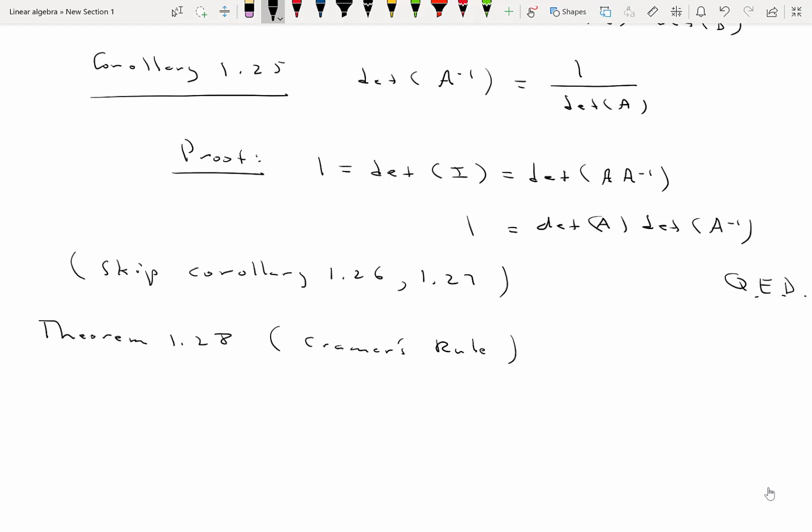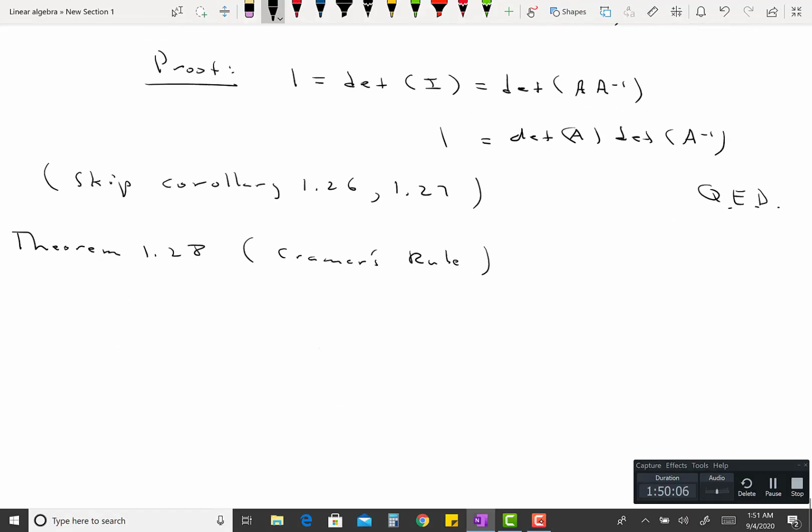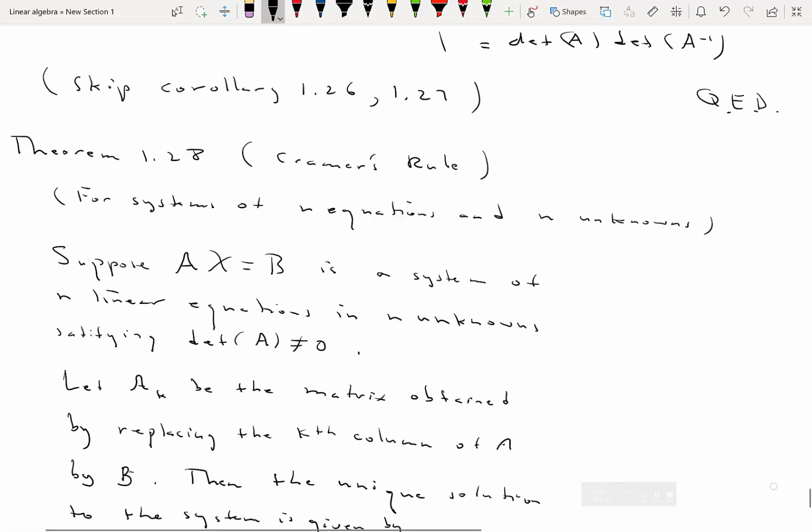It's assumed that you know what Cramer's rule is, because you're supposed to have had it, but I'll state it for us here. So here's Cramer's rule, Theorem 1.28. Cramer's rule is for very special systems.